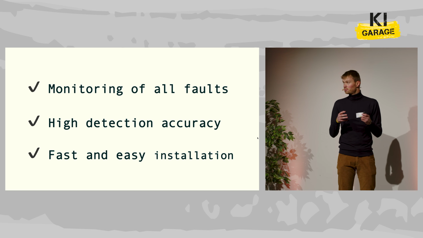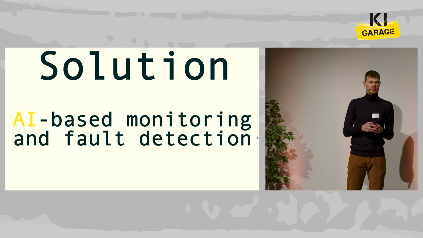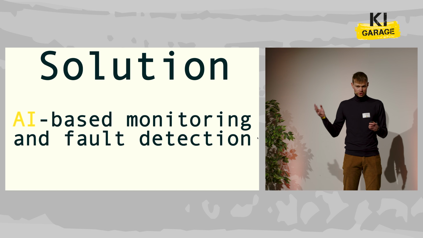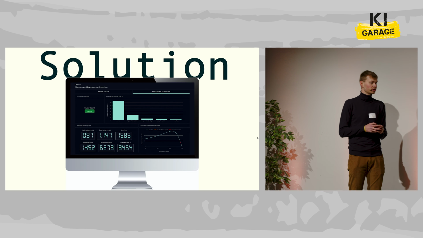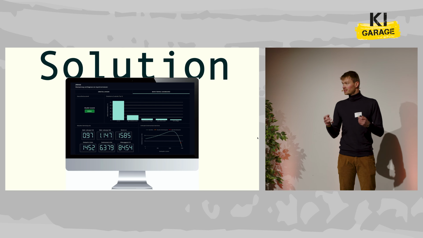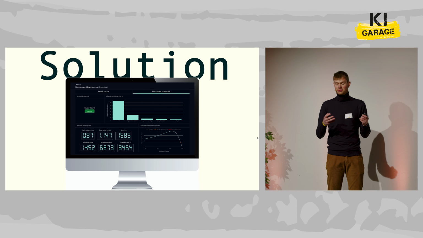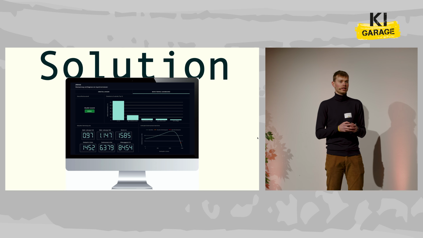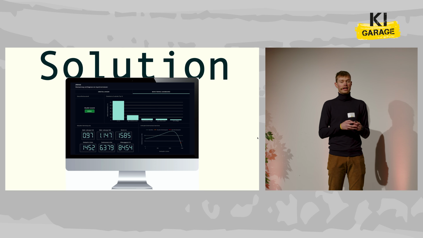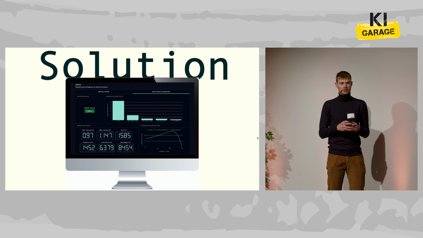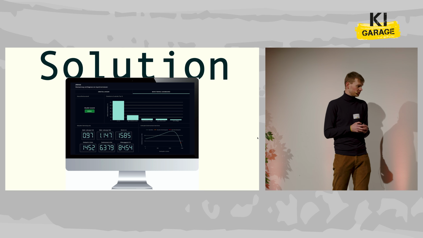And this is possible with AI-based monitoring and fault detection from Jidokai, my startup. And the solution you can see here on the slide looks like this. So you have a simple dashboard, and behind this dashboard is the artificial intelligence, and this intelligence analyzes the electrical currents of your motor and shows the results on the dashboard.